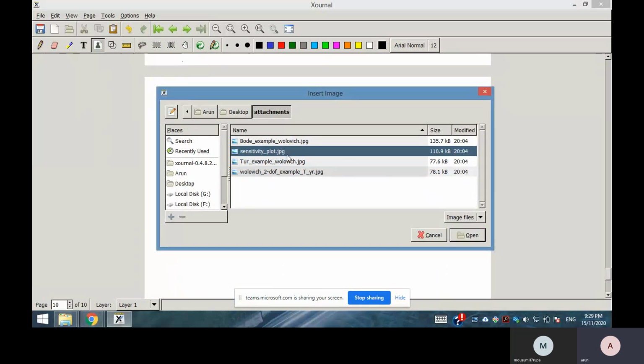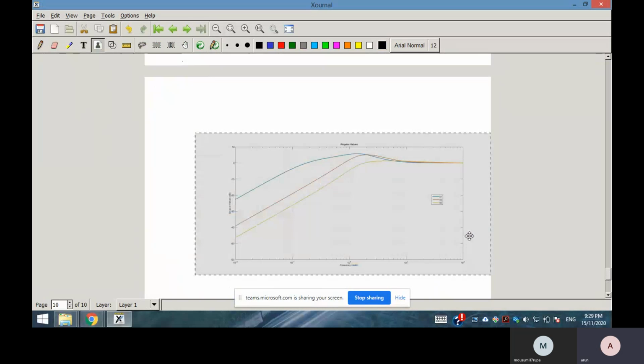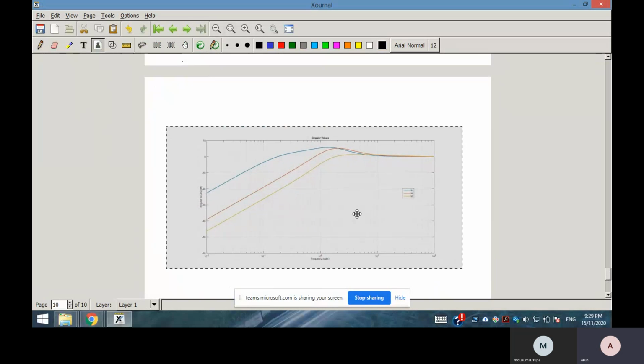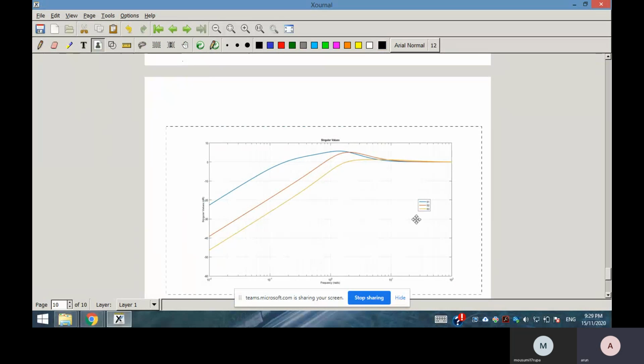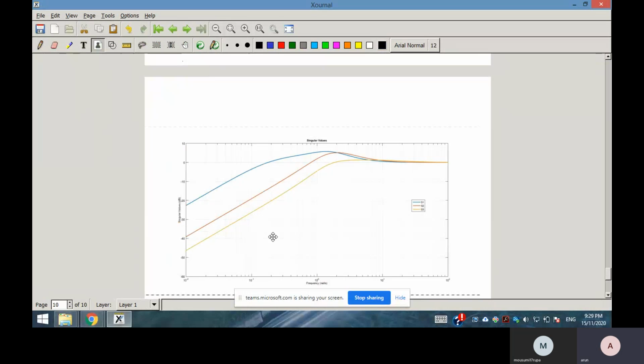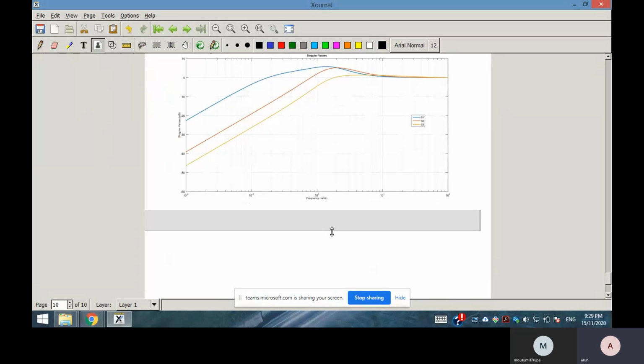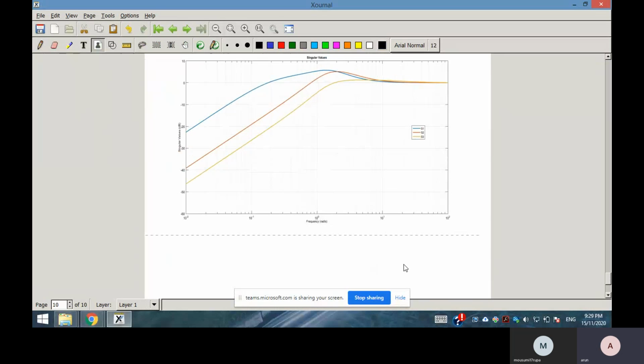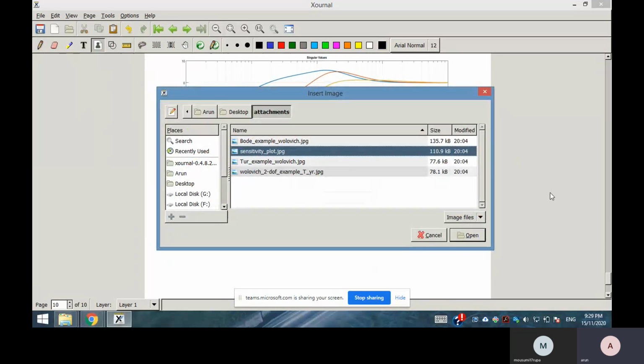So for sensitivity, I will plot, and then I will also plot the loop, then I will explain.